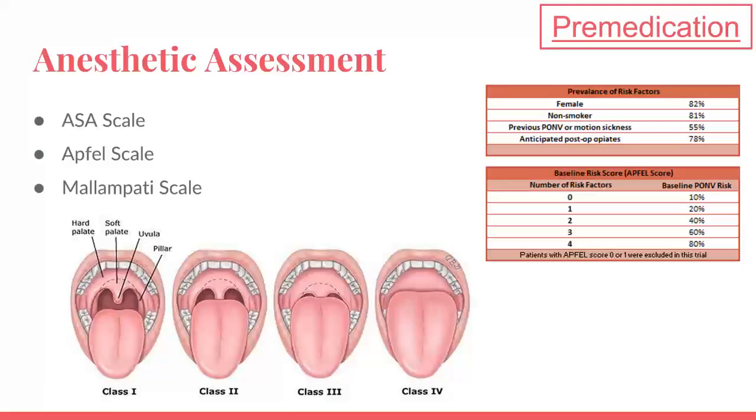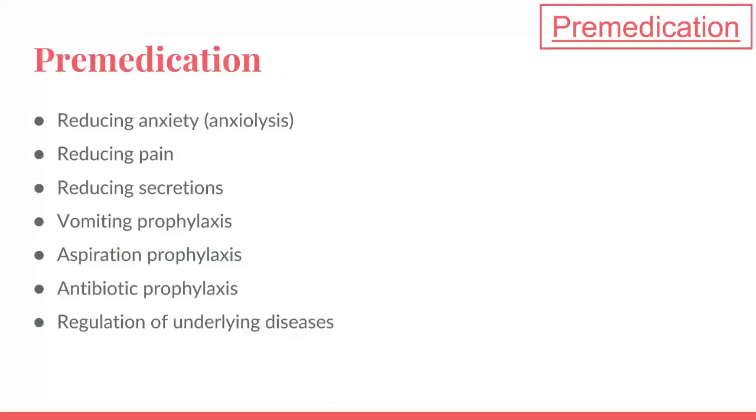As you can see in grade 4, the palatal arches are no longer visible. Please also remember that this examination is performed with the patient sitting, so asking the patient to fully open their mouth while lying down is always not reliable, not accurate.